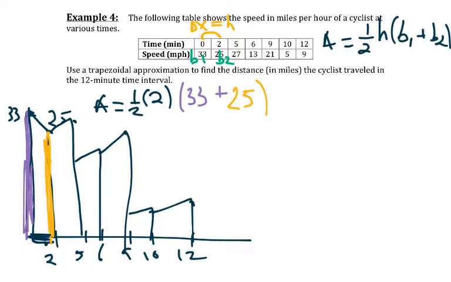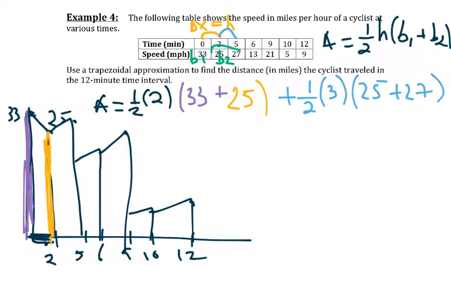Okay, so now we can do the second trapezoid, which is 1/2. The change here would be 3. Base 1 and base 2 would be 25 plus 27. So that's the second trapezoid.